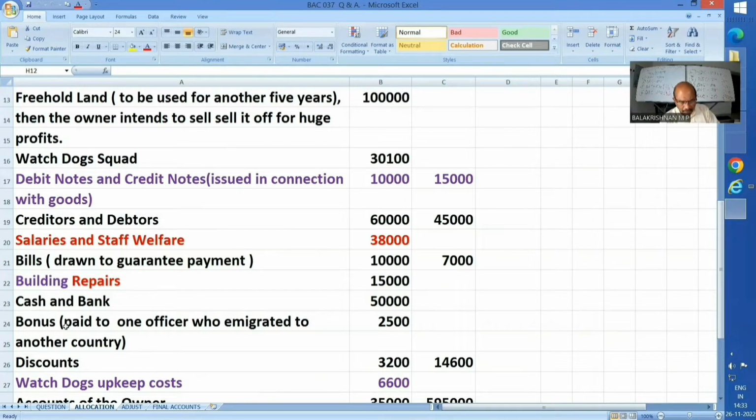But they say already you have paid to somebody. Since the bonus is not paid, the entire amount is supposed to be shown as a liability. However, we can adjust to the extent whatever has been paid. That's why I have shown it in the balance sheet. This should be adjusted on the liability side when we show the bonus outstanding, expenses payable.